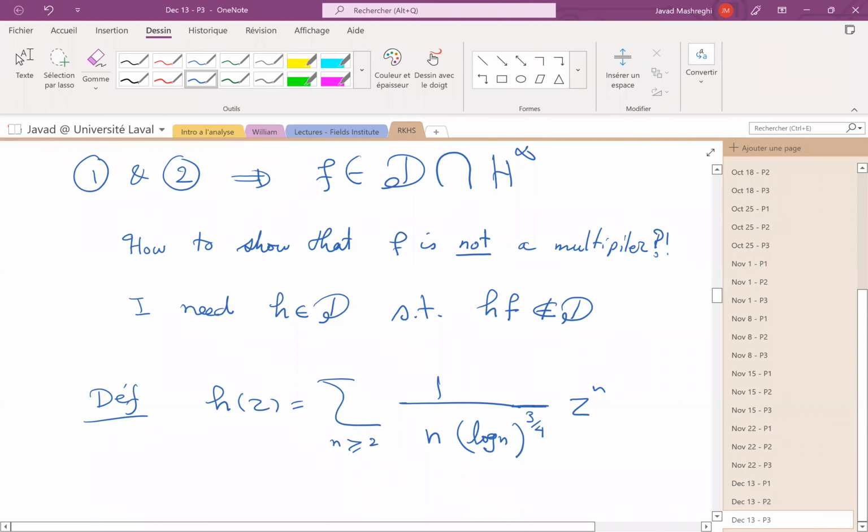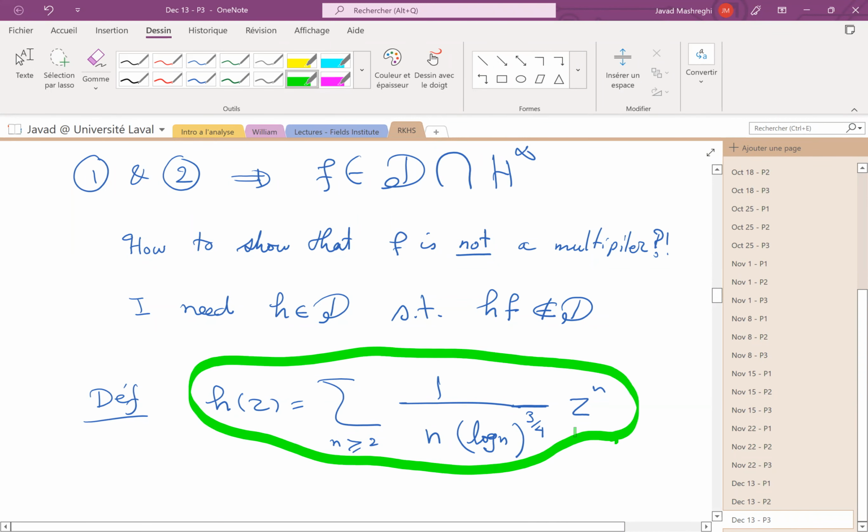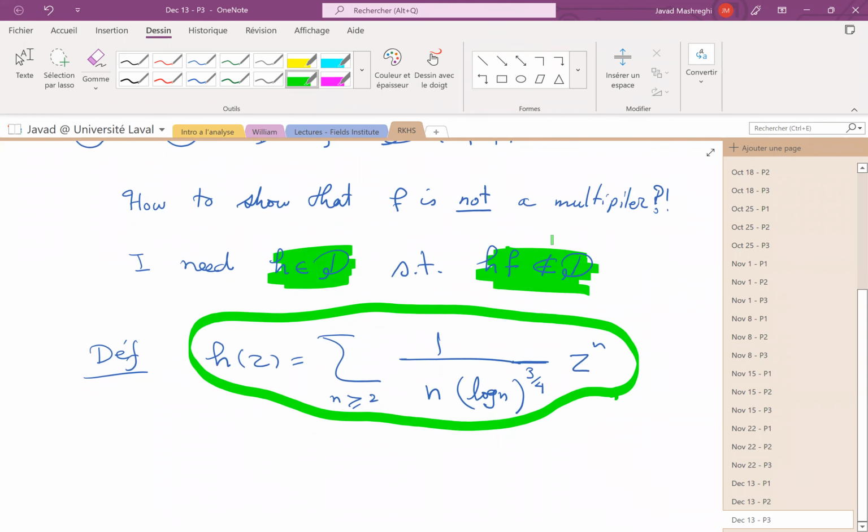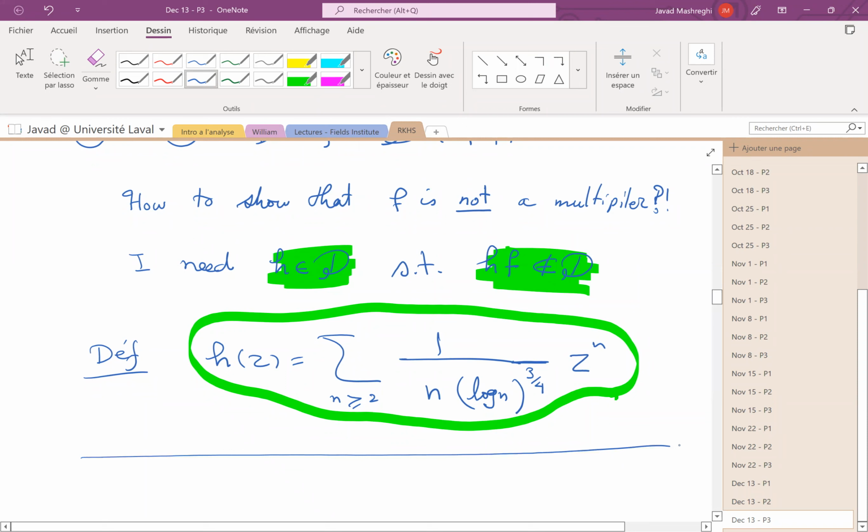The important part is to guess this h. The rest is a matter of calculation to show that it's in D, and when you multiply, it's not in D. I leave it as an exercise for the student, but nothing delicate in that.